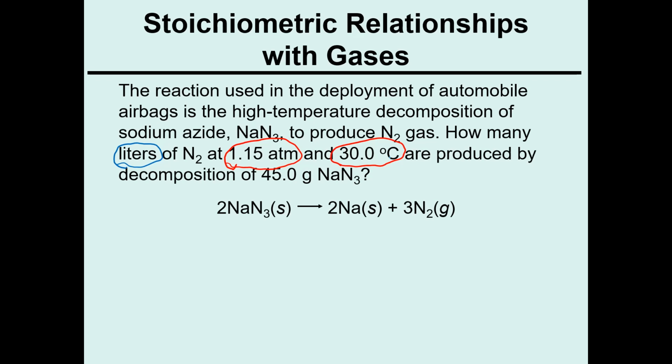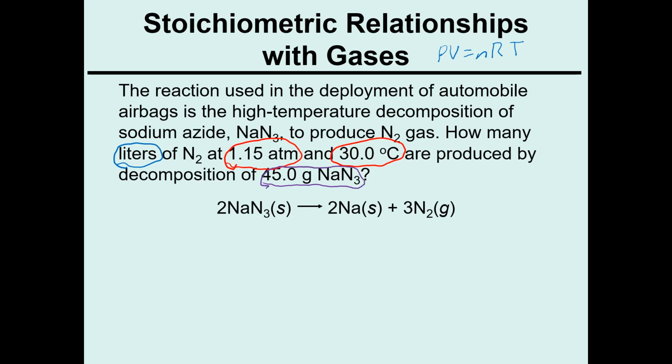So you see pressure and temperature, and you know that you want volume, and you only have one gas you're dealing with. So you would think you would use PV equals nRT, except for the fact that we're missing the number of moles. But we do have a way to find the number of moles, because we're told that we have 45 grams of sodium azide.